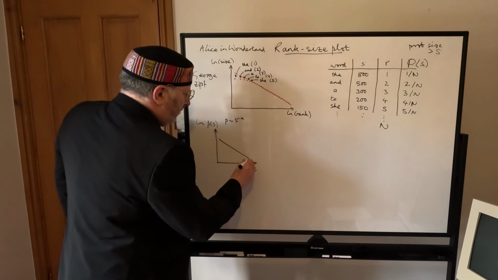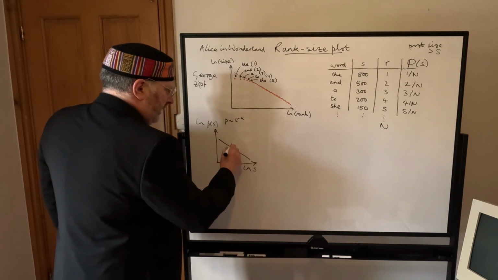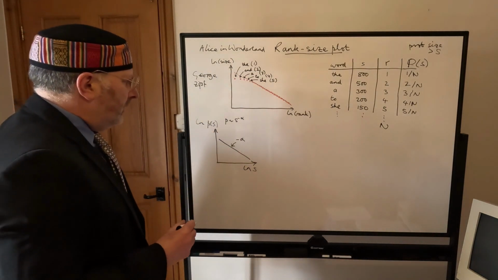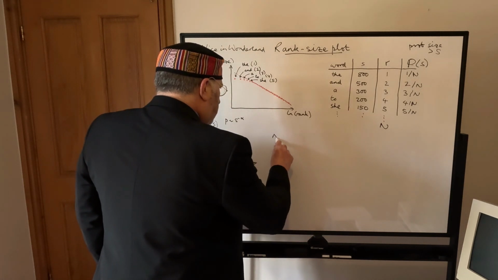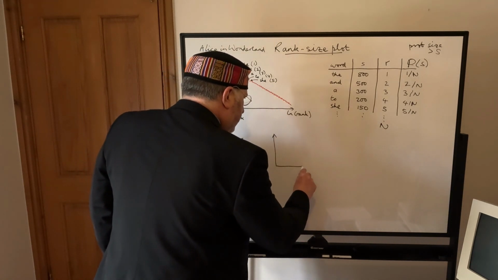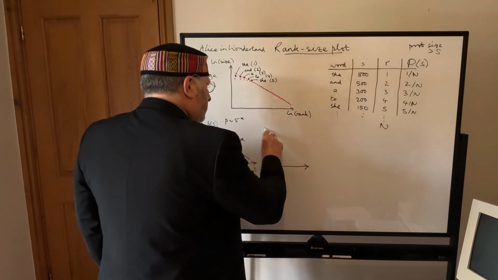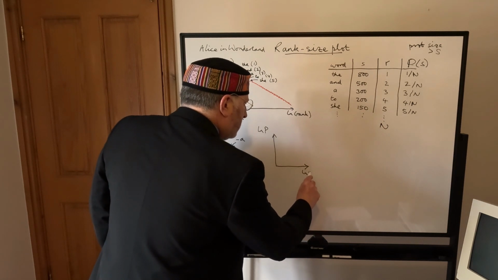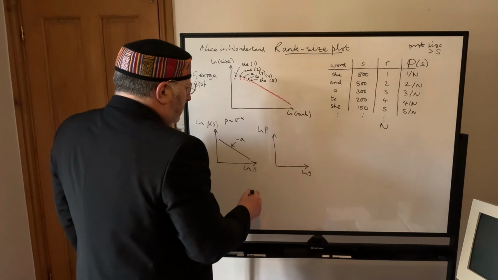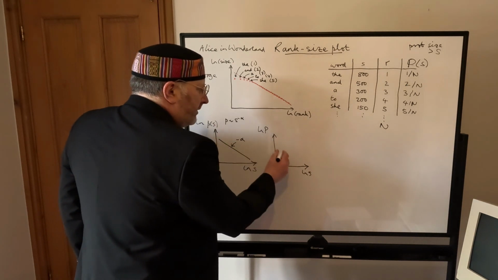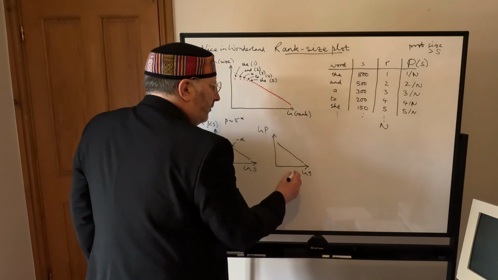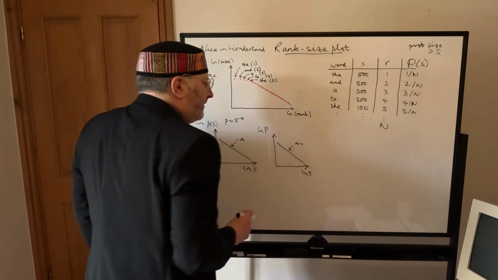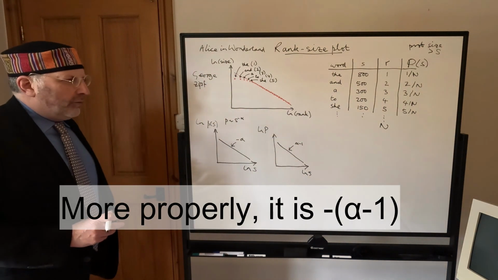So we know on the double logarithmic axes we'll get a straight line of slope minus alpha. And then if we plot the cumulative probability, that's capital P, going log, we've just seen that it is also a power law, so we'll also get a straight line, though in this case the slope is alpha minus 1.